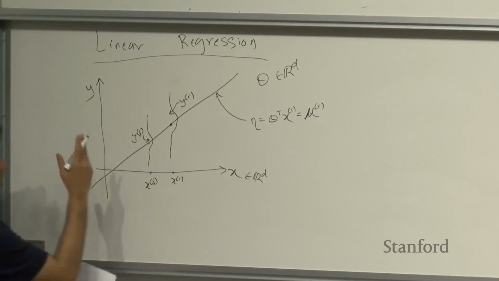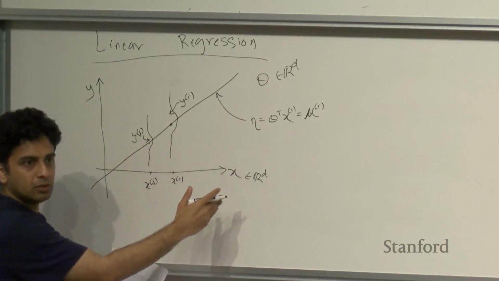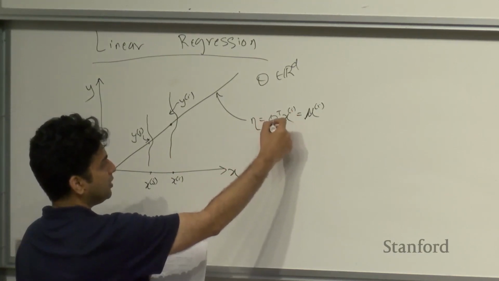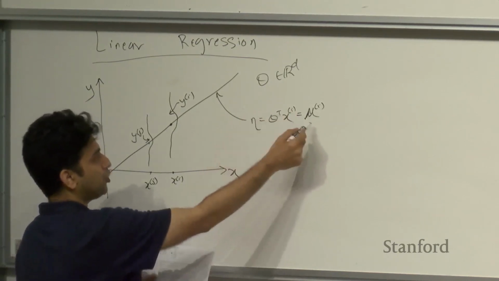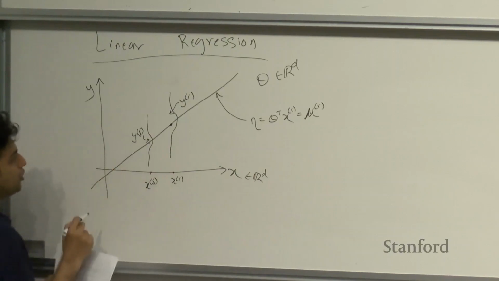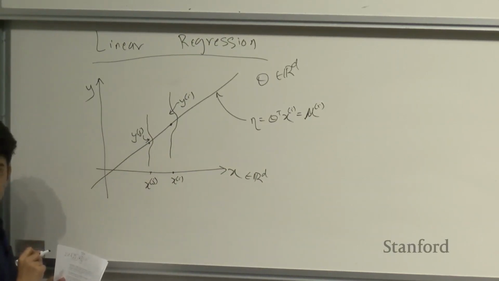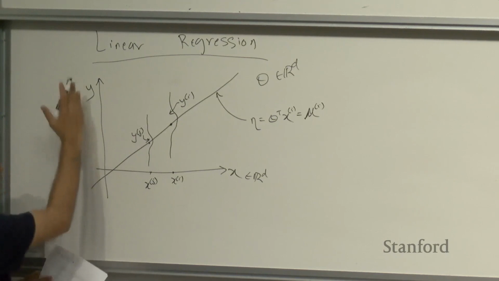So for every input value, for every x, we dot it with theta, we get eta, and that eta is equal to mu of a Gaussian distribution centered at that eta or mu, and it's a distribution along this axis.